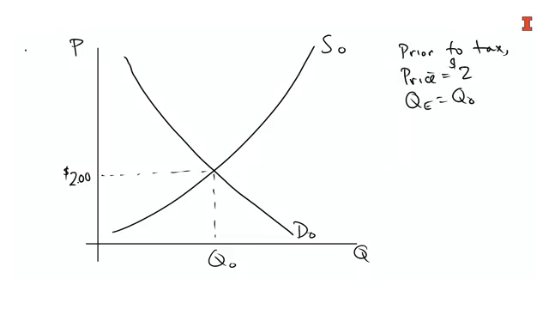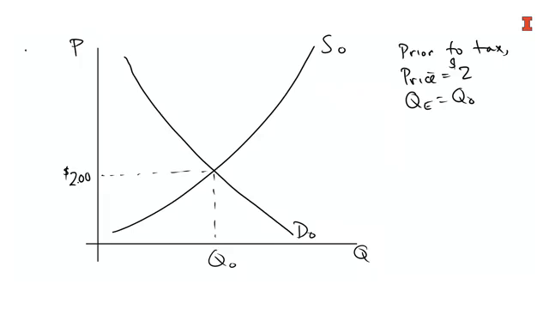Now the government imposes an excise tax. You understand what that does. The excise tax just raises the cost of production. It makes it more expensive. So for any given output level that you might think about producing, you have to have more today than you did yesterday. Otherwise, you're going to be losing money.